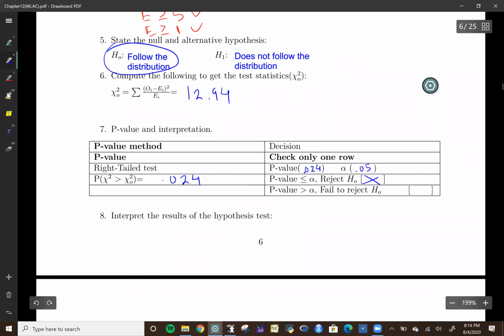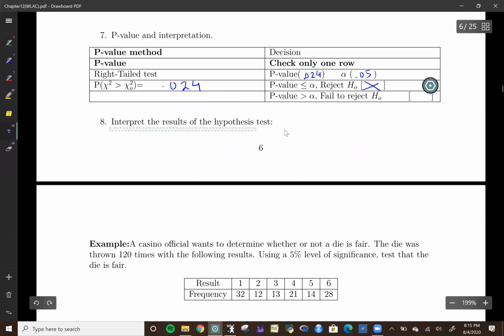So for this one, let's do our conclusion. So let me type it out. So for this one, we'll say there is not enough, oh, sorry.